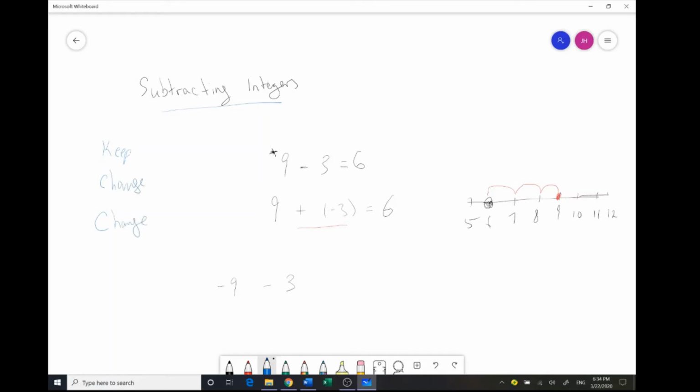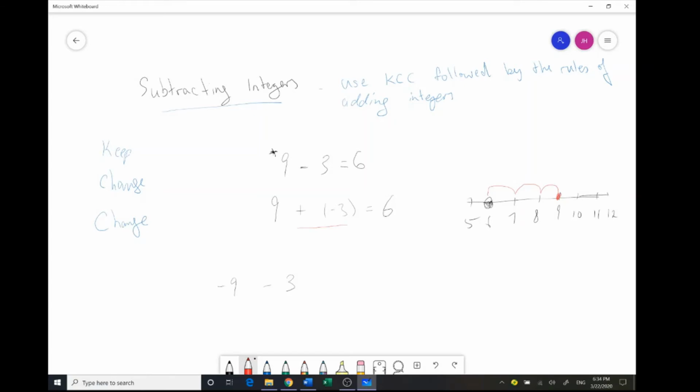So for subtracting integers, use KCC followed by the rules of adding integers. And so that's what KCC stands for, and I'll show you right now how to apply the KCC here.